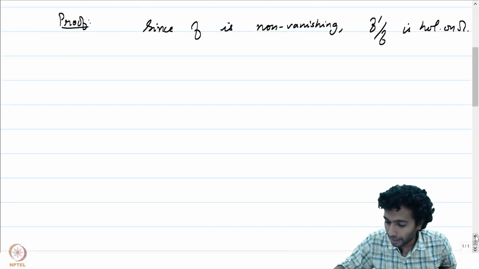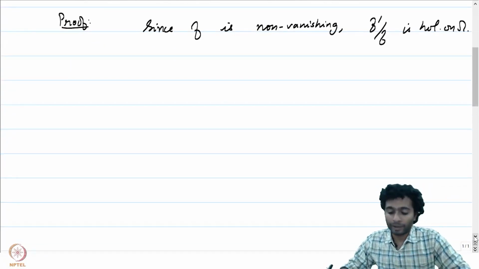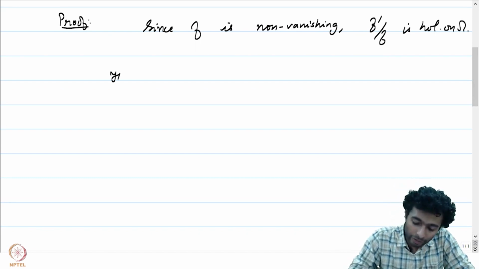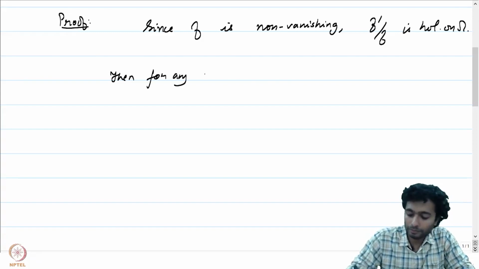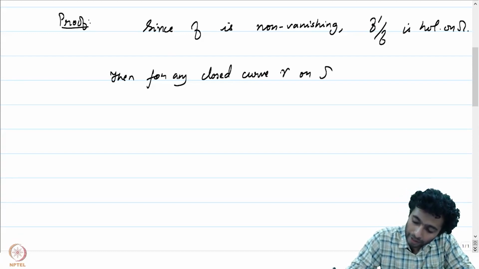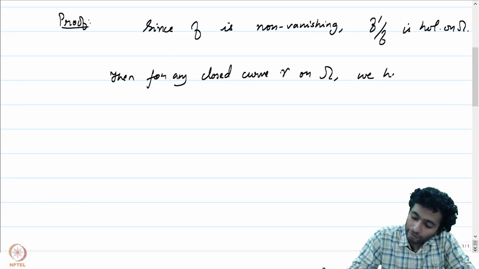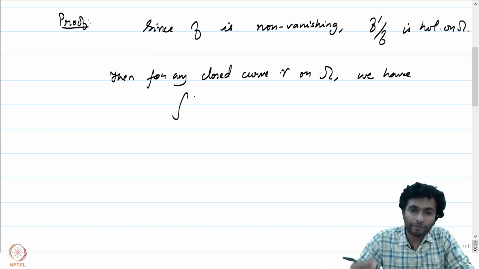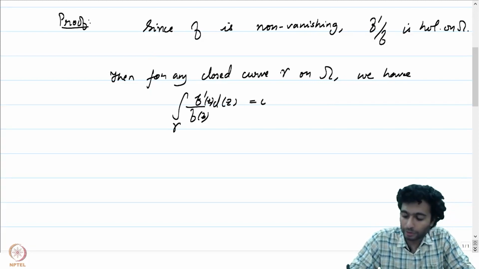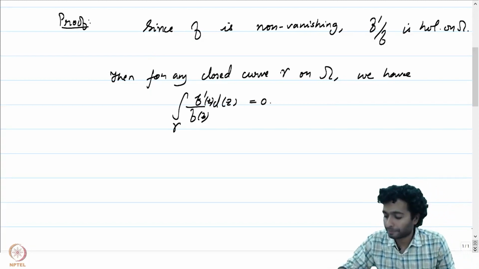Now f prime by f being holomorphic on omega and omega being simply connected, for any closed curve gamma in omega, the integral of f prime over f over gamma is equal to 0. This is by Cauchy's theorem.